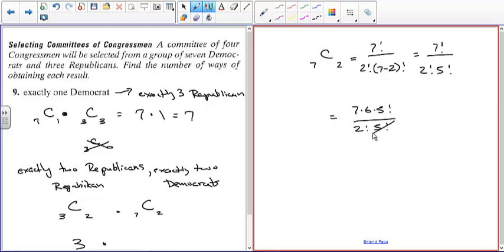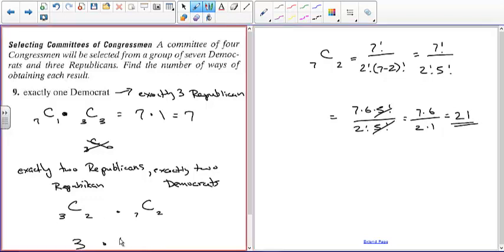What that does is allows me to cancel those out. And if you multiply the rest of it, you get 7 times 6 divided by 2 times 1, which is 21. So the second number here is 21. So the first part you have 3 choices, the second part you have 21 choices. You multiply those together, you get 63. So the answer is 63.